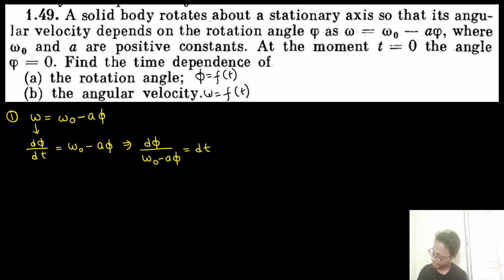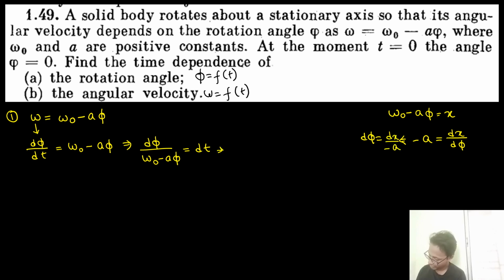Now if I apply integration by substitution, where I substitute omega naught minus a phi to be x, therefore dx by d phi would be equal to 0 minus a, or d phi would be equal to dx by minus a.